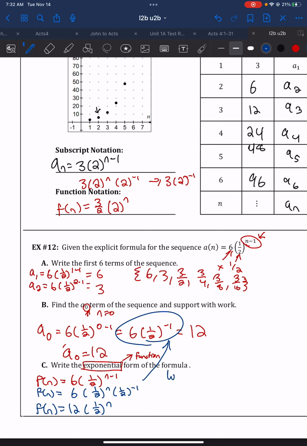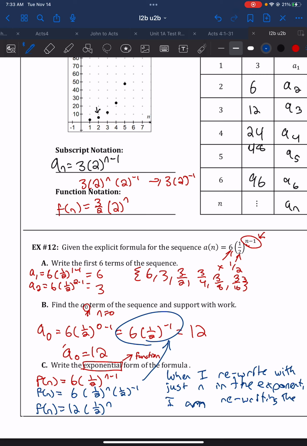So when I rewrite with just n in the exponent, I'm rewriting the function for the 0 term.